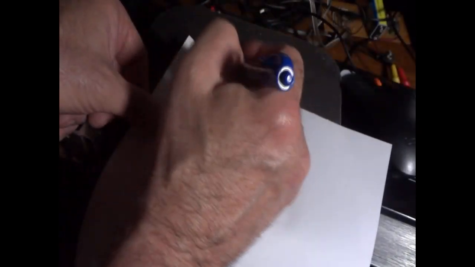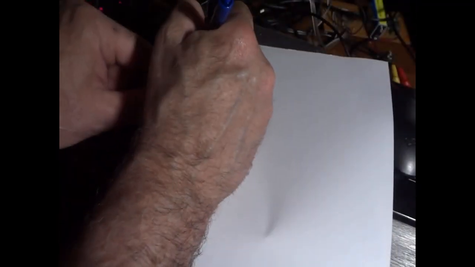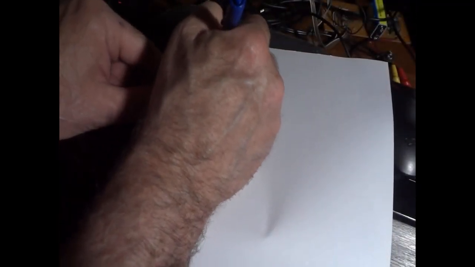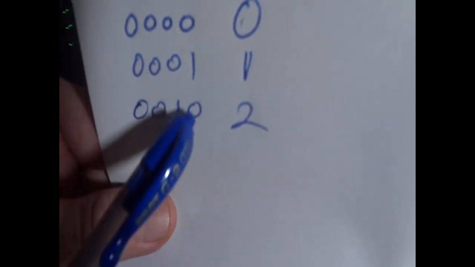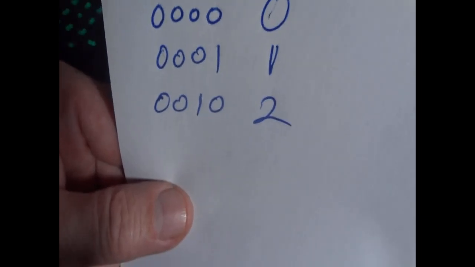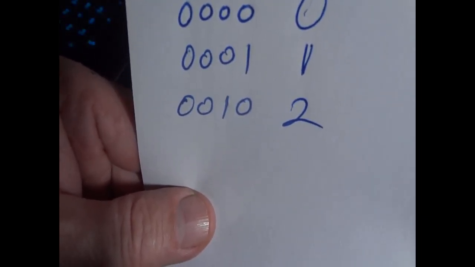So as this is 0, this is the number 1. Number 2 in binary would be represented as 0010. Like I said, you imagine kicking a 1 in, displacing it and resetting the other one. So that will be the number 2.